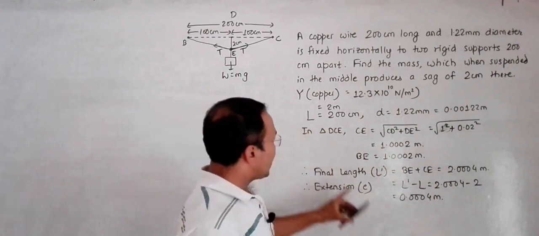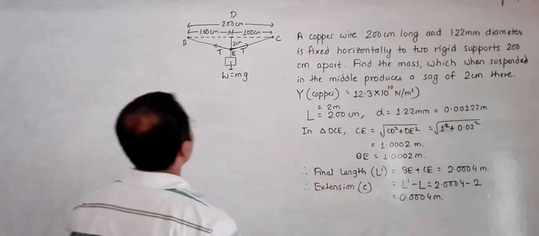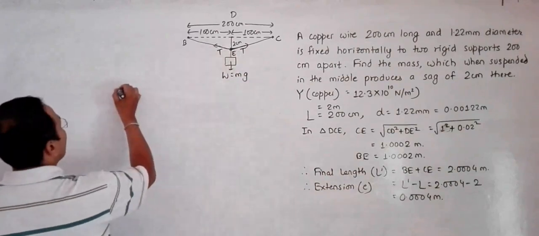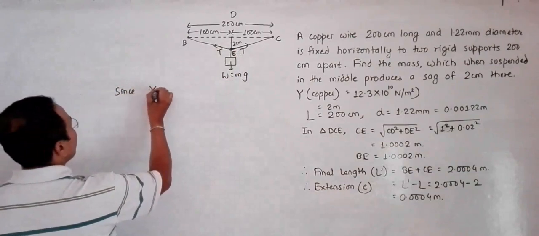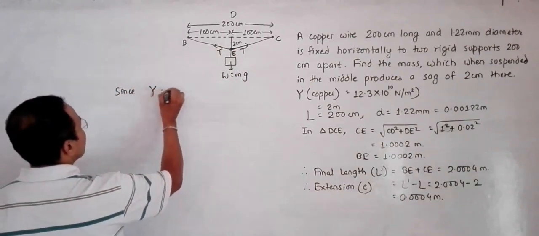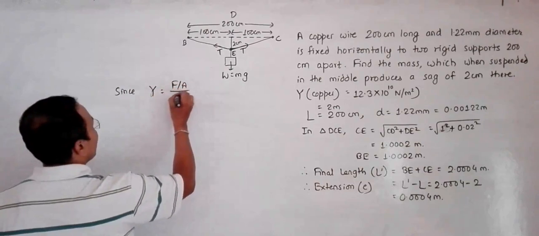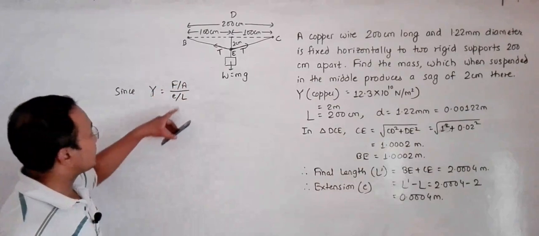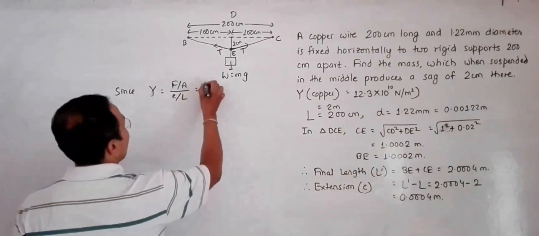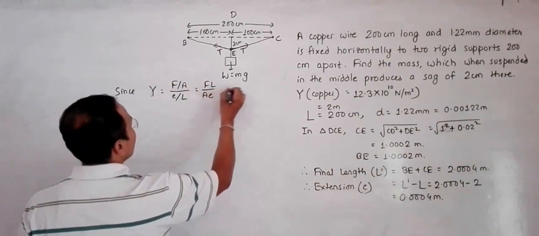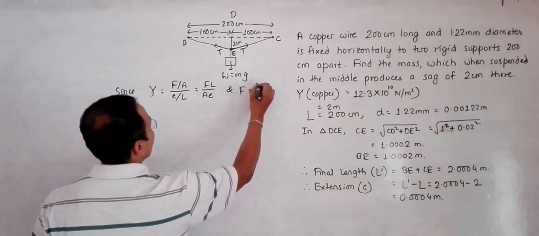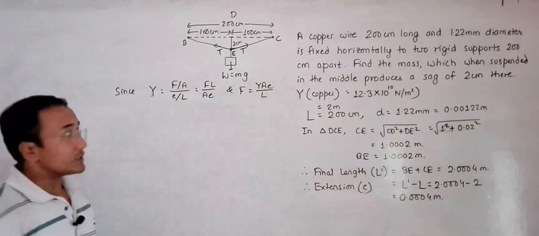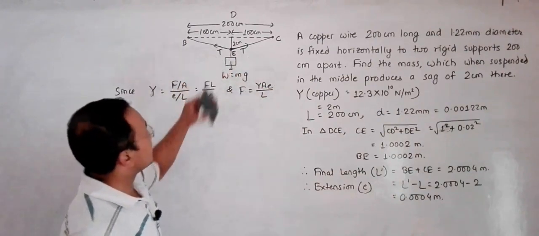So we have L and we have e as well. Now the tension force is given by Young's modulus Y equal to (F by A) by (e by L). The term in the numerator is stress and the denominator is strain. That gives Y equal to FL by Ae, and F is equal to YAe by L. This is the force, and here the force experienced is the tension.